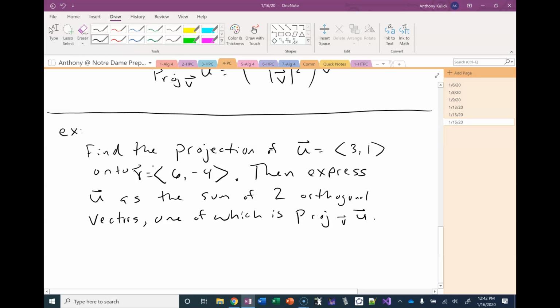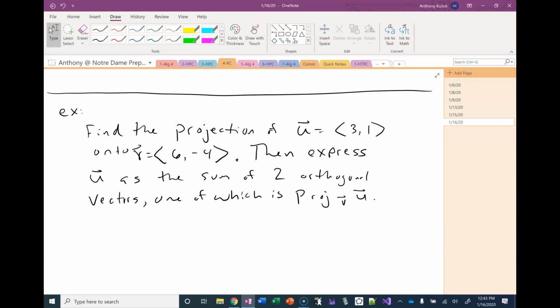And then we're going to express u as the sum of two orthogonal vectors, one of which is this projection that we just found. So let's start with the first part.